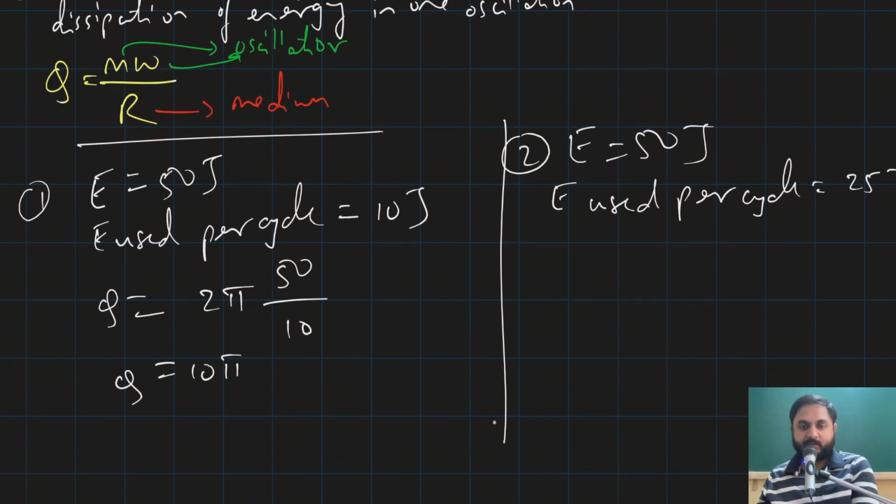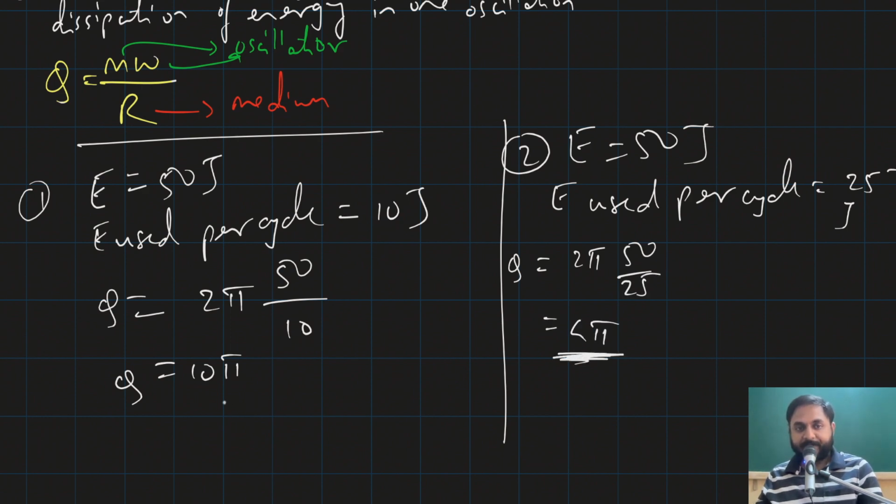Now the quality factor will become 2 pi into 50 upon 25. This will become 4 pi. So see, this value is 4 pi, this value is 10 pi. That means in the first case it is going to oscillate for a large amount of time, because it is losing less energy. In the second case it is losing high energy.